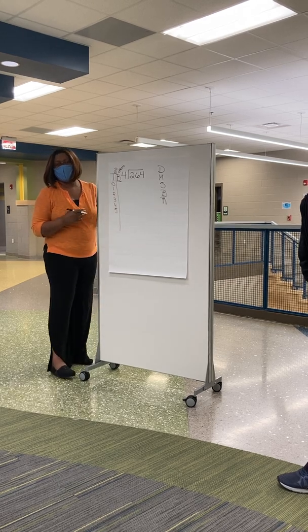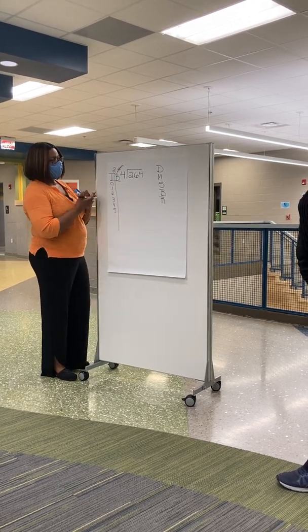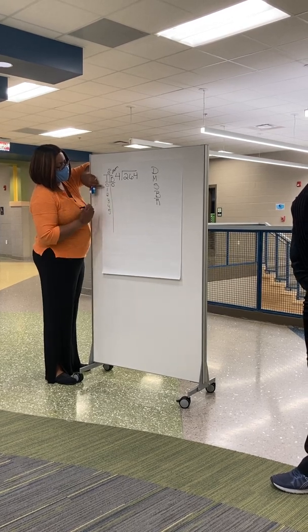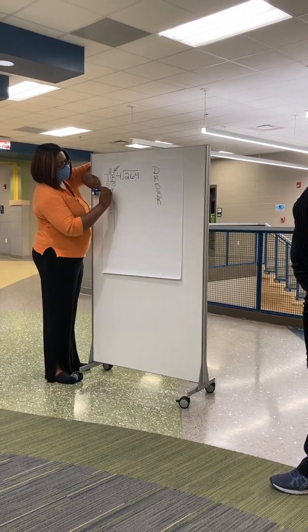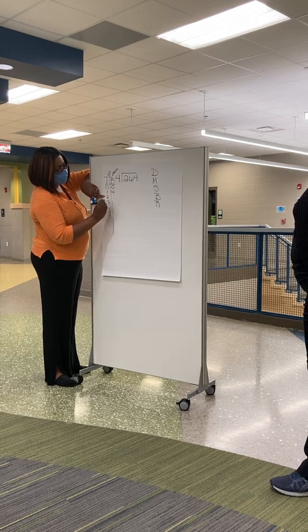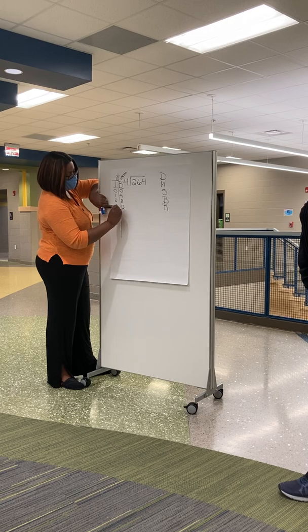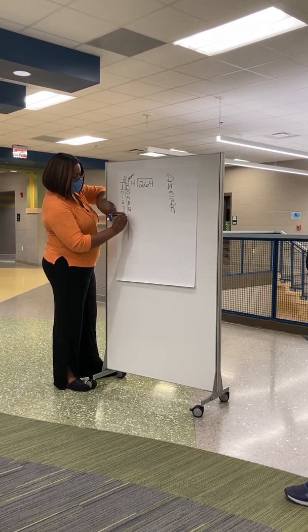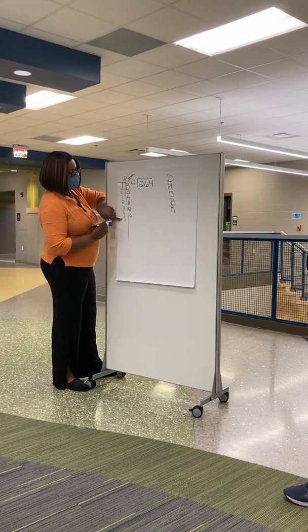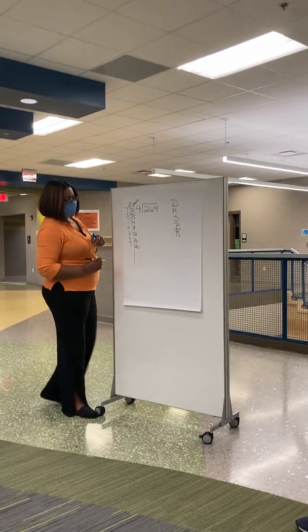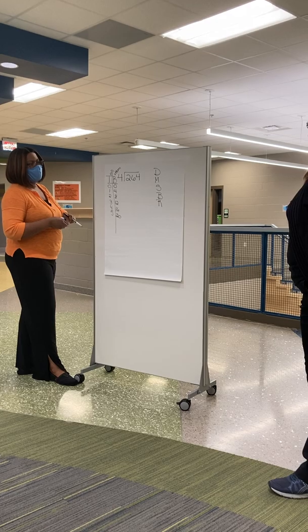And then if we need to go any further, we'll go further. 0 times 4 is 0. 1 times 4 is 4. 2 times 4 is 8. 3 times 4 is 12. 4 times 4 is 16. And 5 times 4 is 20.